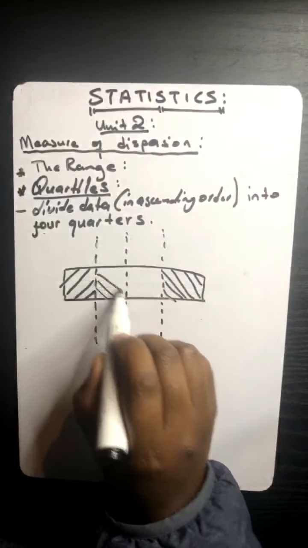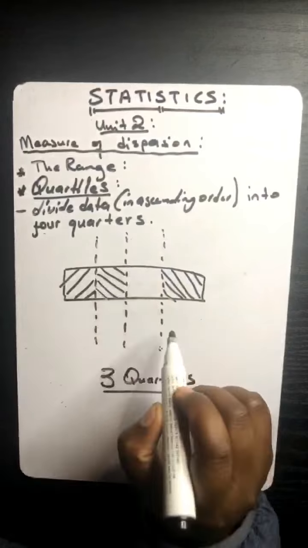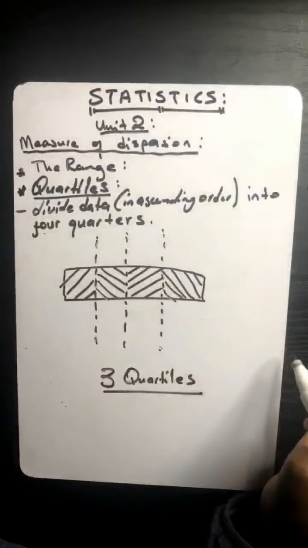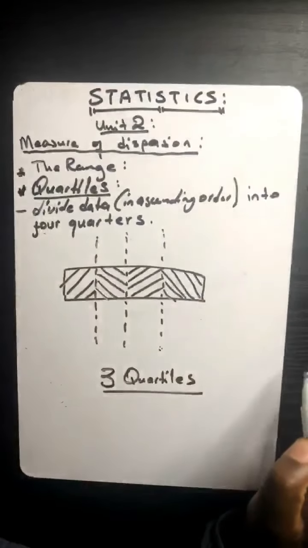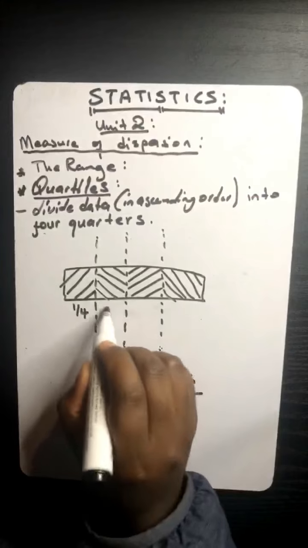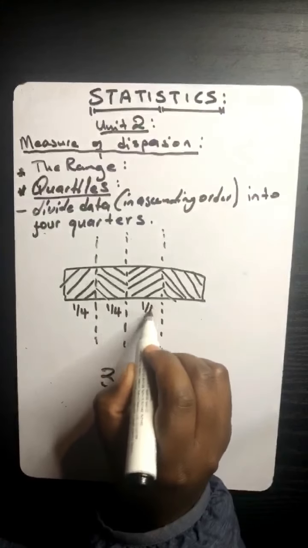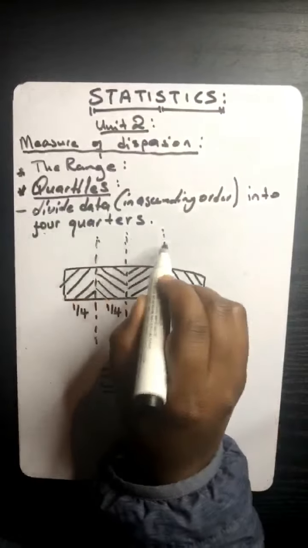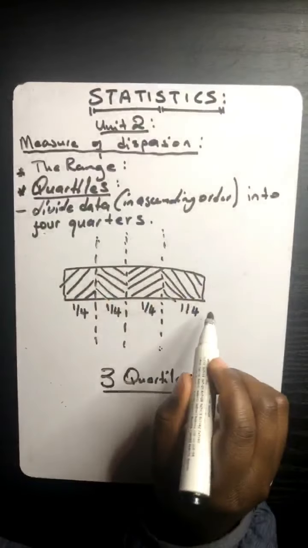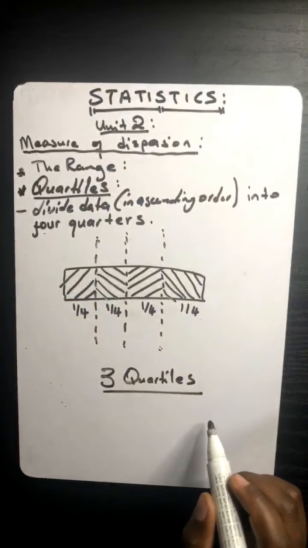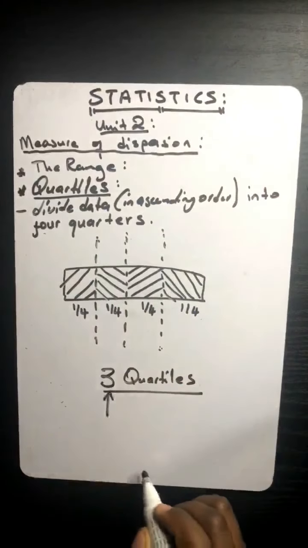So there we've got another quarter, and there we've got another quarter. Don't confuse the words quartiles and quarter. A quarter is that 1/4. This is a quarter, this is a quarter, this is a quarter. And these lines which made the quarters are what we call the quartiles. And we have 3 quartiles.